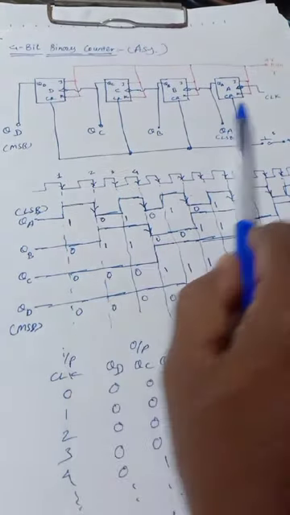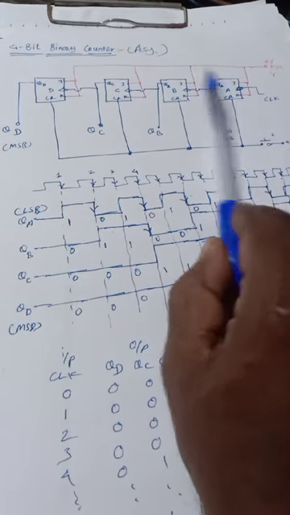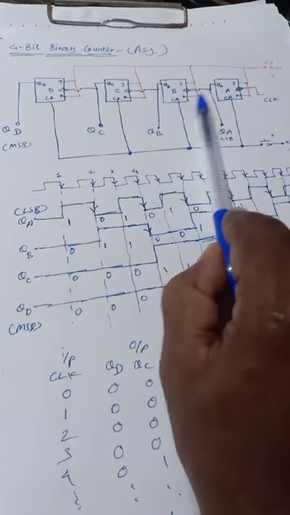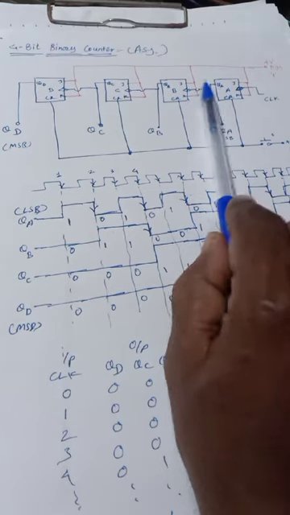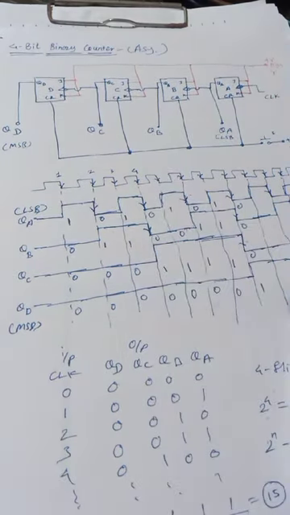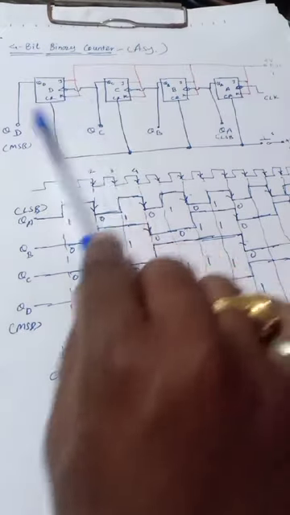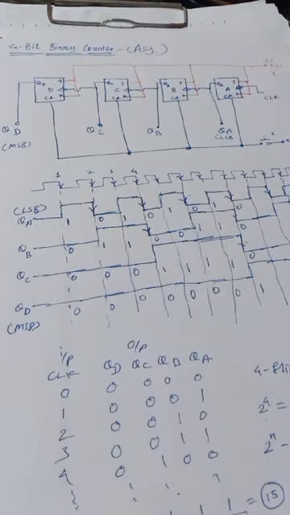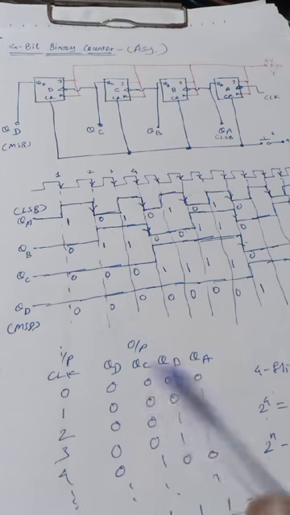Just explain what is connected here, where the clock is connected, and how it changes the state. As QA changes from 1 to 0, it toggles B. Simply explain how it works and how it is connected. So this is the truth table of the counter.